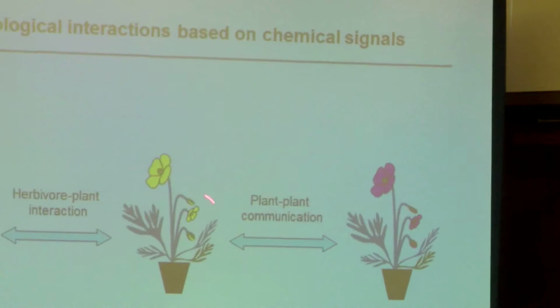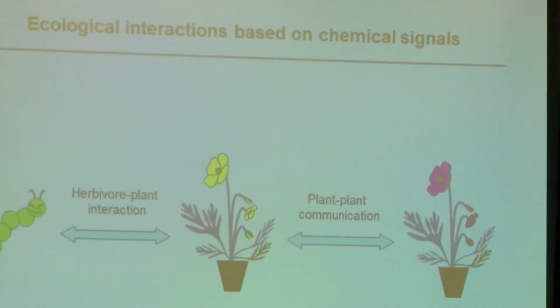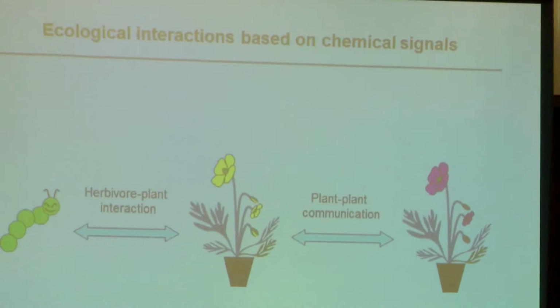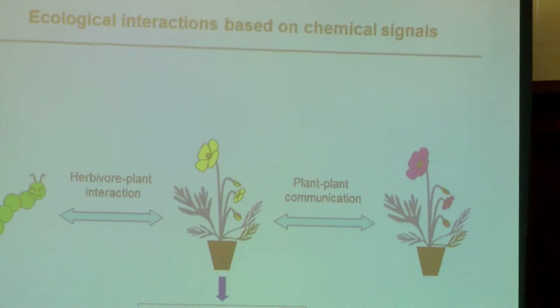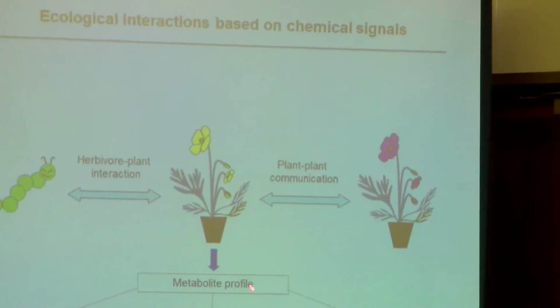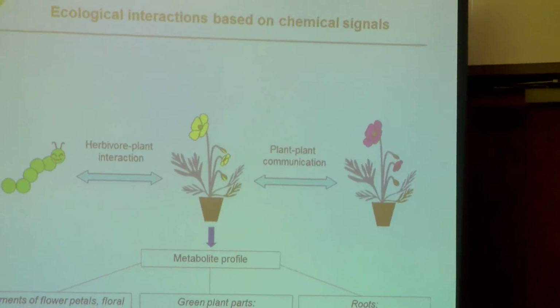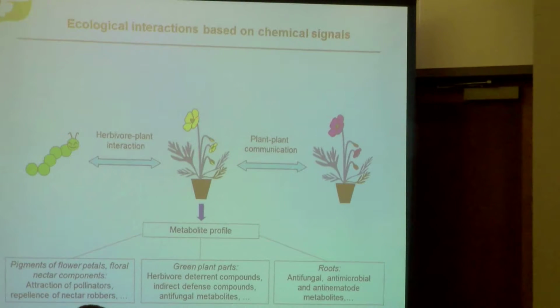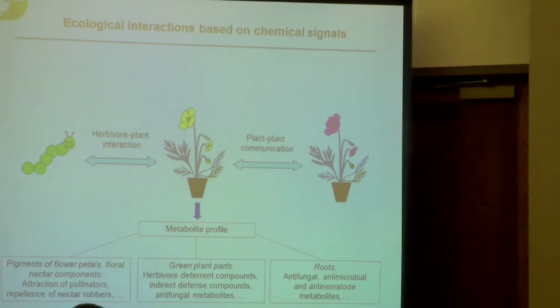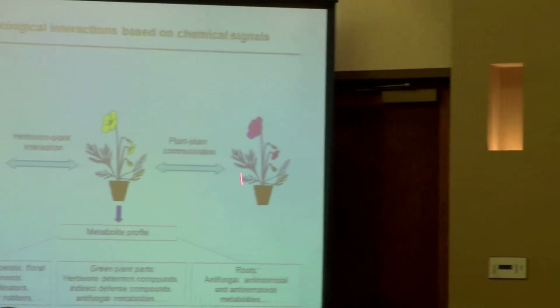The ecological interaction between insects and plants, or plant-plant communication, is an important field in our research. Different organisms have different metabolic profiles, and the profile is different, for example, in flower petals, in the green parts, or in the root systems of plants.